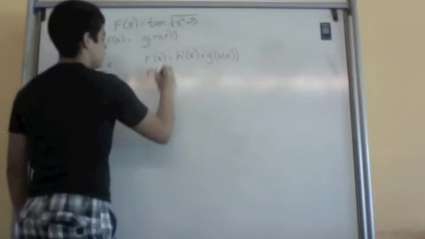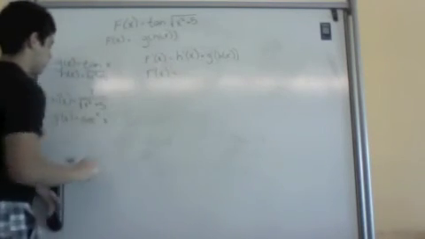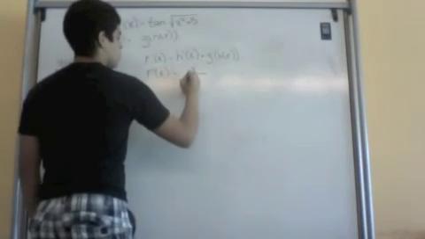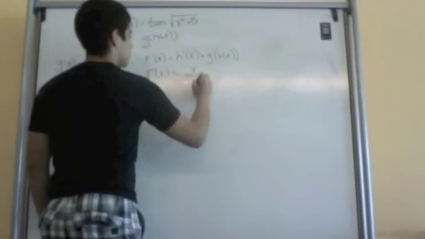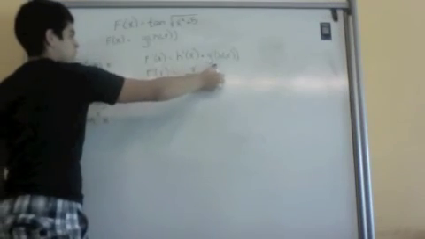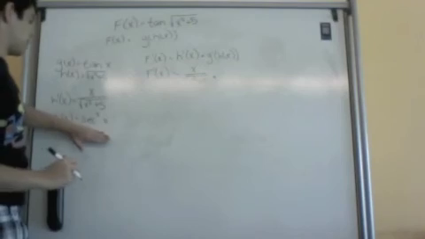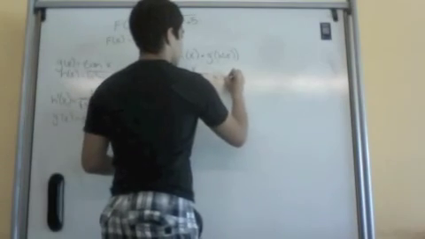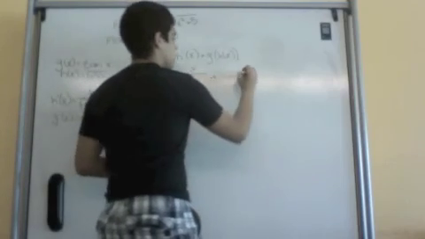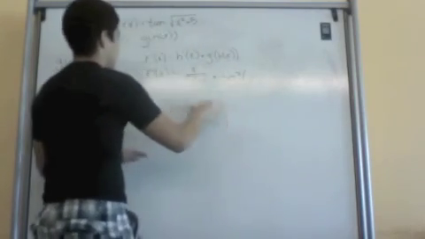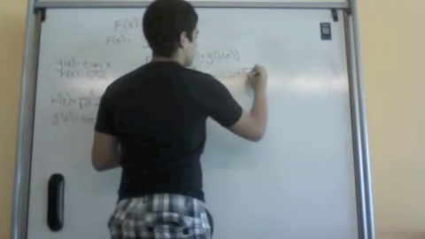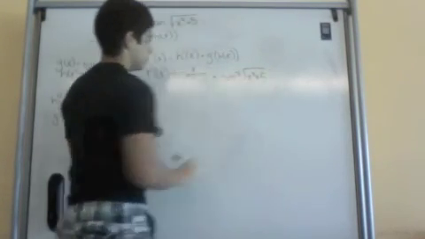F prime of x is equal to h prime of x, which is x over the square root of x squared plus 5, and we multiply it times g prime, which is secant squared, composed of h of x. And h of x is square root of x squared plus 5.